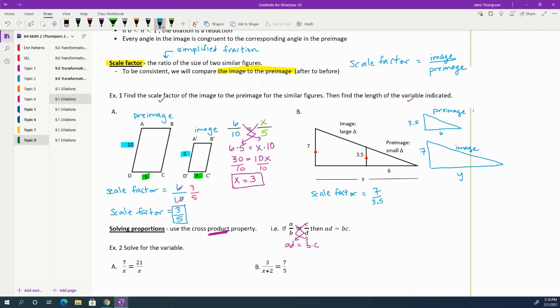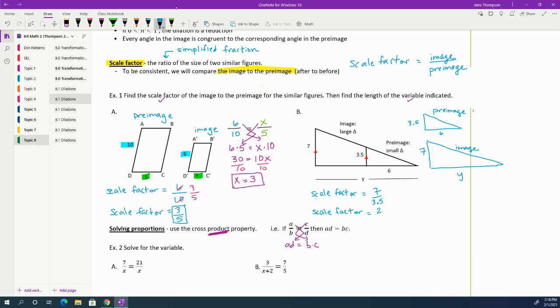Now we never, ever, ever leave a decimal in a fraction. That's not a simplified fraction. So I do have to simplify this. And you can play with this a lot of different ways. There's a lot of different ways to work with this fraction. I'm not sure what way your elementary teacher taught you. For me, I'm pretty good at recognizing these things. So I know 3.5 goes into 7 2 times.